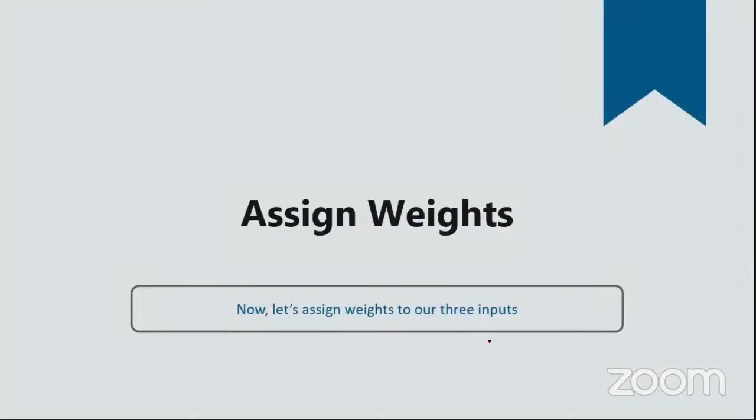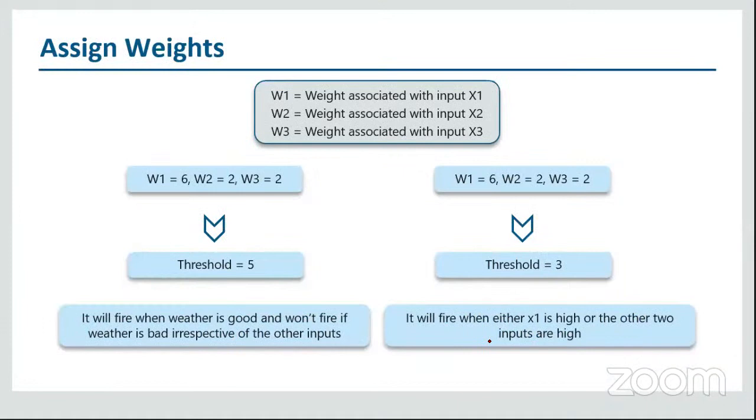Let's see how the mechanism of weights will work. Now, see this. You had your inputs as x1, x2, x3. For each of the inputs, you have weights W1, W2, W3.